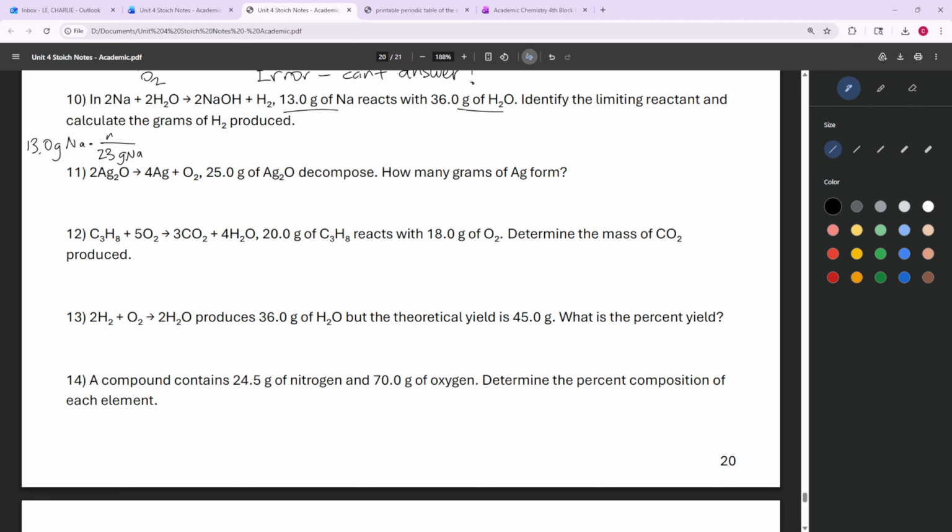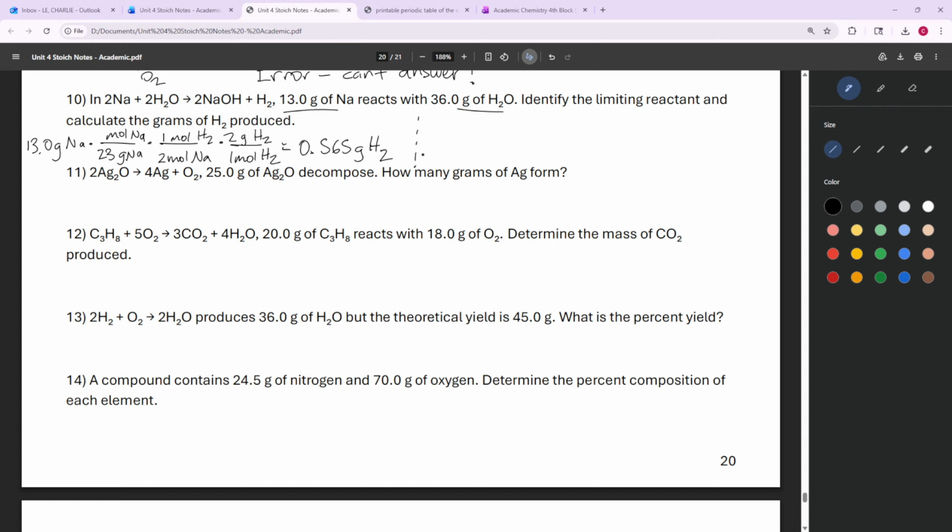Then for every 2 moles of sodium, we get 1 mole of hydrogen. Then for every mole of hydrogen, 2 grams of hydrogen. So if we do that math, 13 divided by 23 times 1 divided by 2 times 2, that's about 0.565.